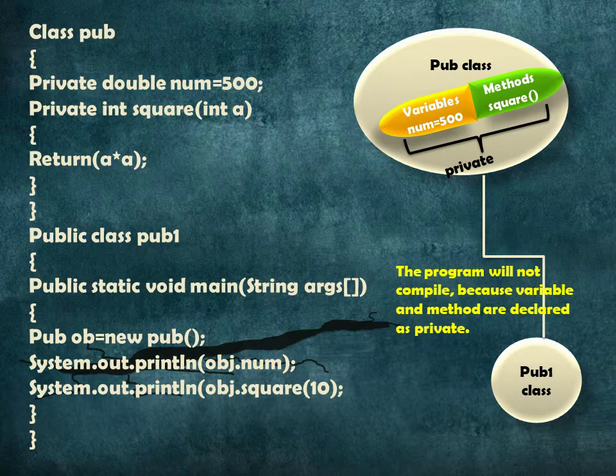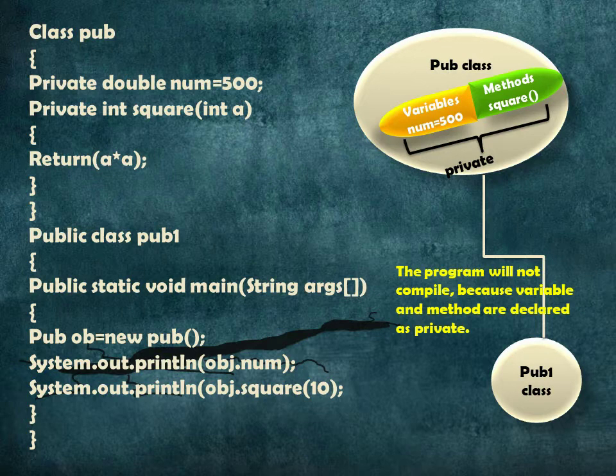So here is an example. The same program we have seen in the public access modifier. The only thing is the access specifier is different here. It is varied now. For the num variable, private is given, and for the square method, private is given. So when you try to execute this program, you cannot compile it.